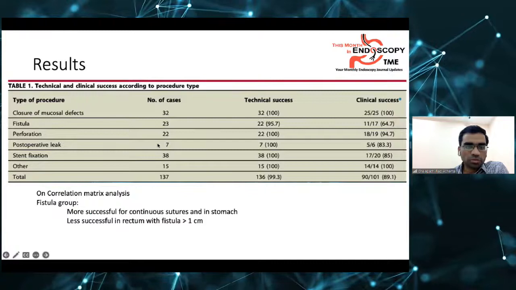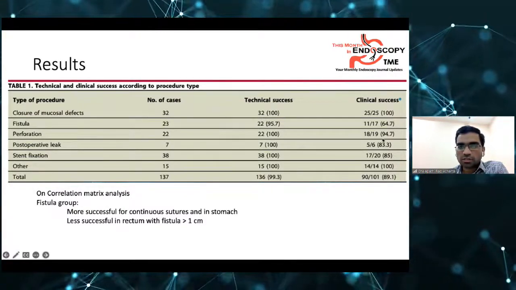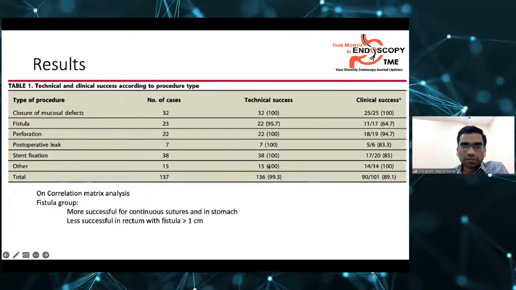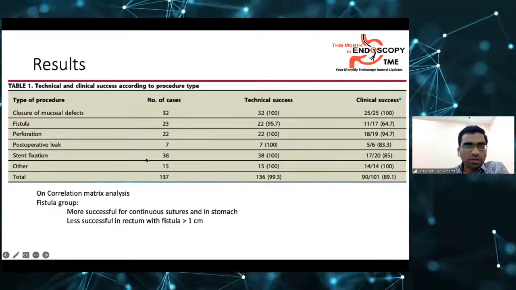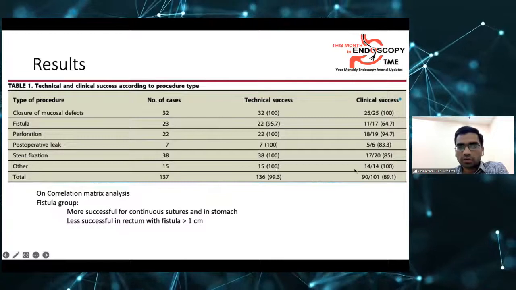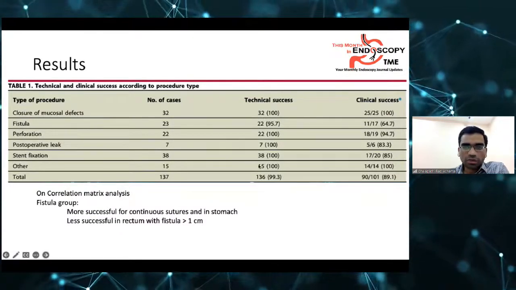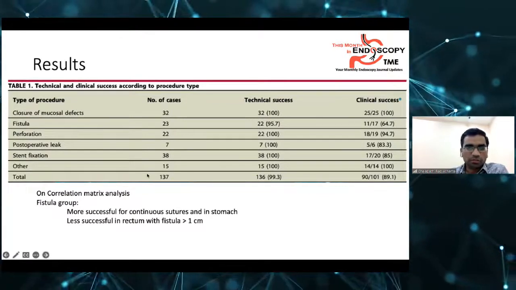Fewer post-operative leaks were included in this study, with a technical success of 100% and a reasonably good clinical success of 83%. 38 stents were fixed and 85% clinical success achieved. And 15 other diseases were also tackled with 100% clinical and technical success. So overall, the technical success is 93% and the clinical success is 89.1%.